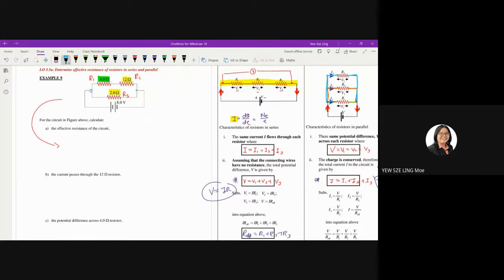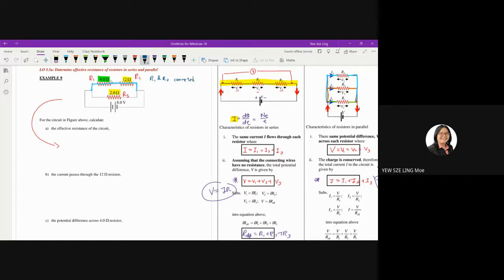So now we have identified these 2 junctions that are located closest to the 4 ohm resistor. What are we going to do? Now we want to see how many resistors are lying on this blue color path from junction to junction. If you look at the diagram, there are 2 resistors lying on the blue color path, meaning that these 2 resistors, R1 and R2, are connected in series.